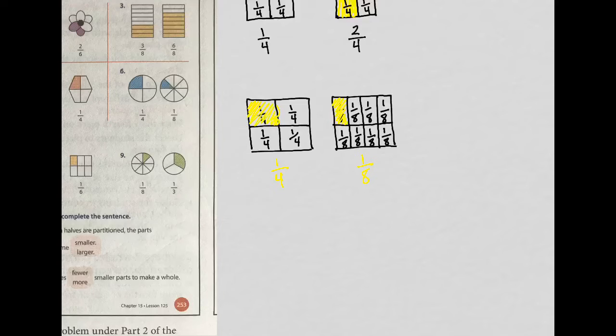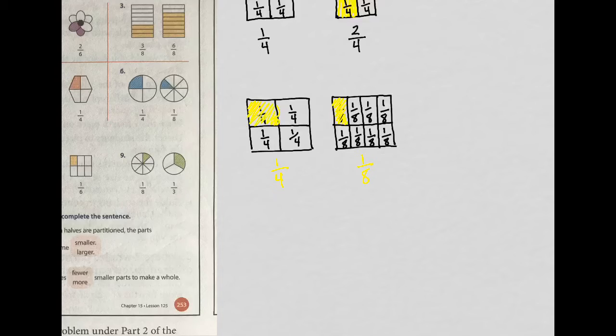What do you notice about the piece? If you noticed that the piece of the 8th is smaller than the piece that's the 4th of the other square, you are correct. So the more you divide something, the smaller the pieces get. Now that we know that, let's compare.